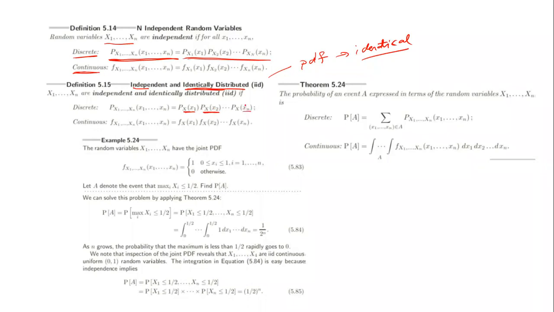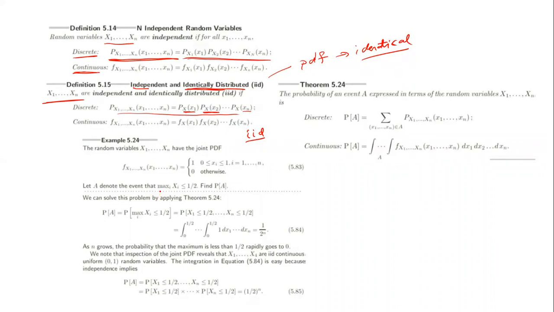Then that's identically distributed. Since this equality holds, then these are independent. If their distributions are the same, then this series of random variables is called an IID process, independent and identically distributed.